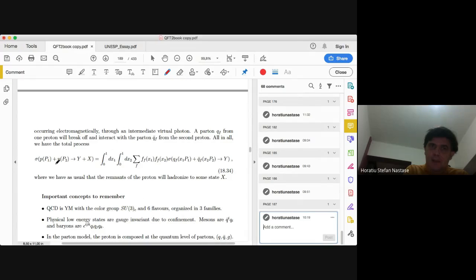So the way we describe this is as having two hadrons, and each hadron has constituent partons. So there are parton distribution functions for both. So I have the integral of dx1, dx2, and f of x1, f of x2. And then the basic process is q_f plus q_f bar going into a hadron.